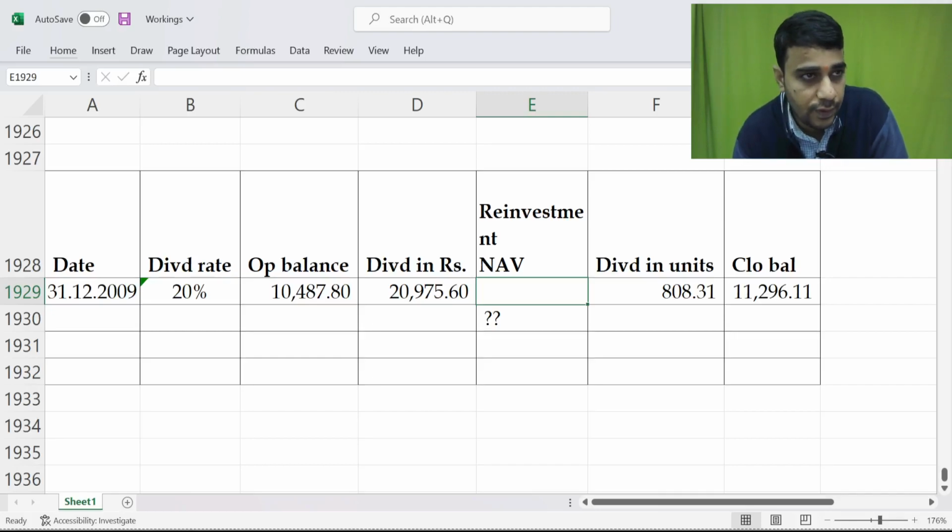We have already done this. Next, working note to computation of NAV as on 31/12/2009. Do this calculation.